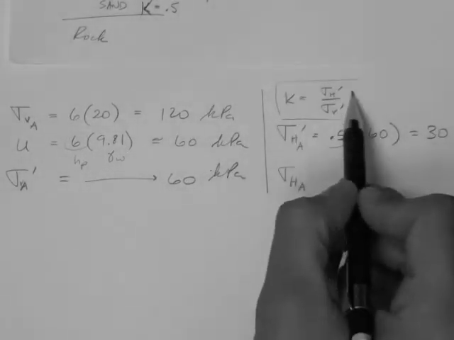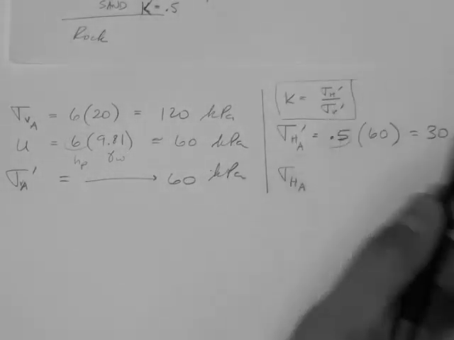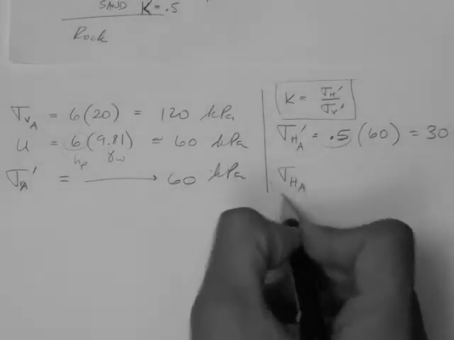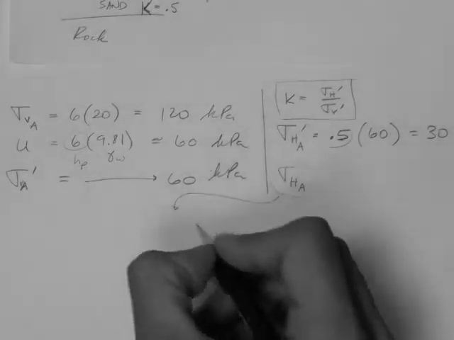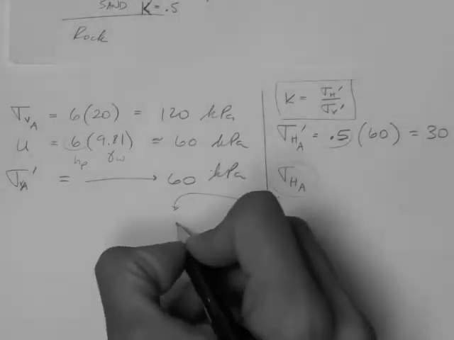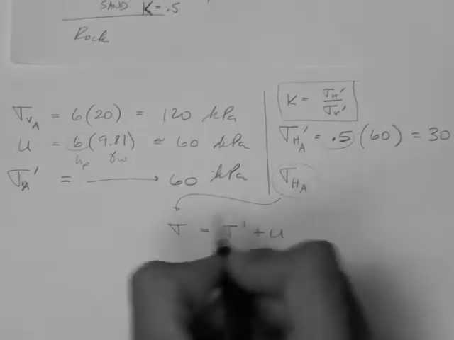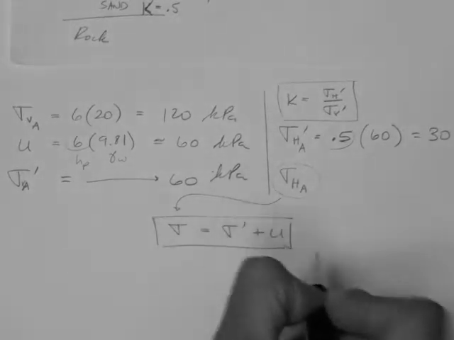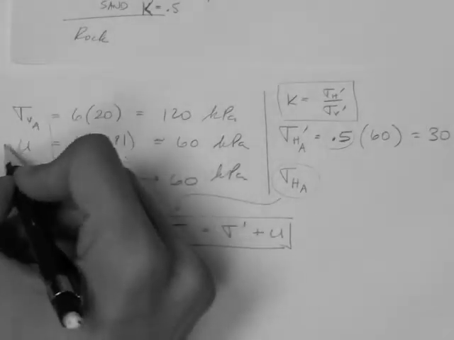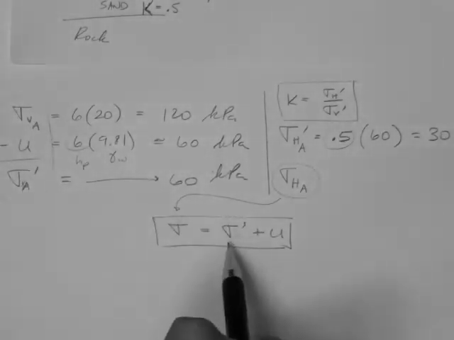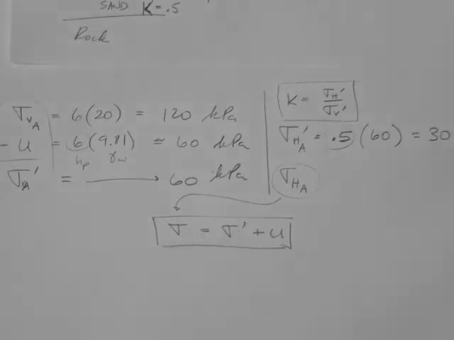Because K is a ratio of effective stresses, it's not a ratio of total stresses. To get this value, we need to realize what Terzaghi said. Terzaghi said sigma is equal to sigma prime plus U. The effective stress principle, what we used here. To get this, we said this minus this is equal to that.